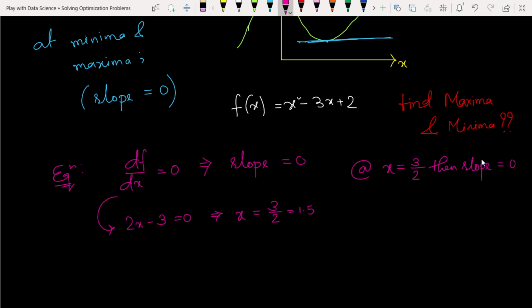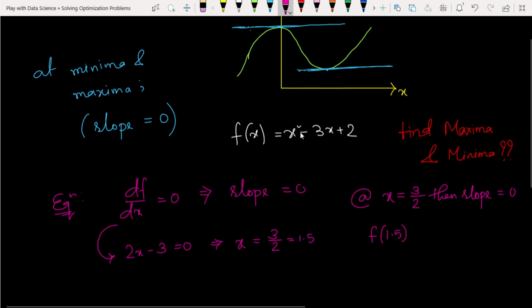Now the question is: at this point, is it a maximum? We all know that at a maximum or minimum the slope is 0, but we do not yet know whether this point is a maximum or a minimum. To resolve this, we use the neighbor points. Let's find the value at the point 1.5.